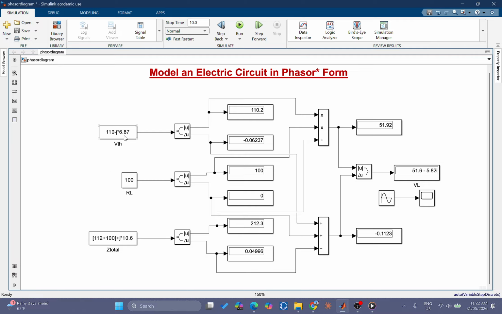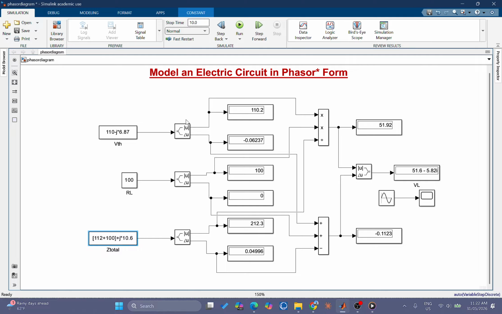First is the Thevenin voltage, this is the load, and you have the Thevenin impedance, or the total network impedance.